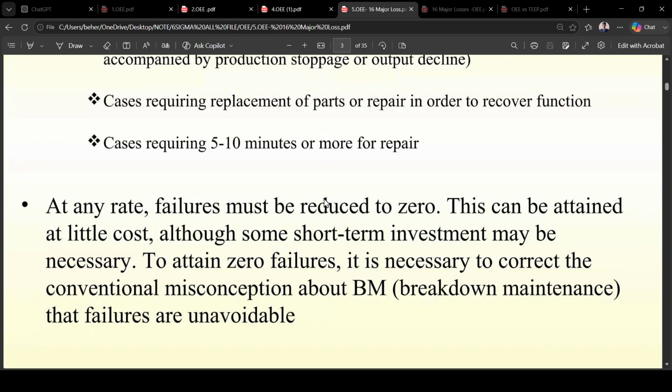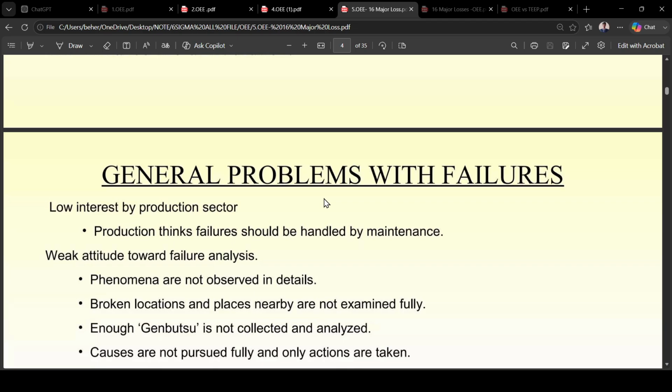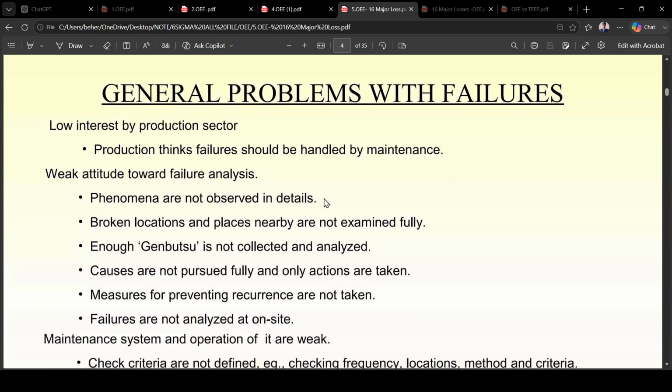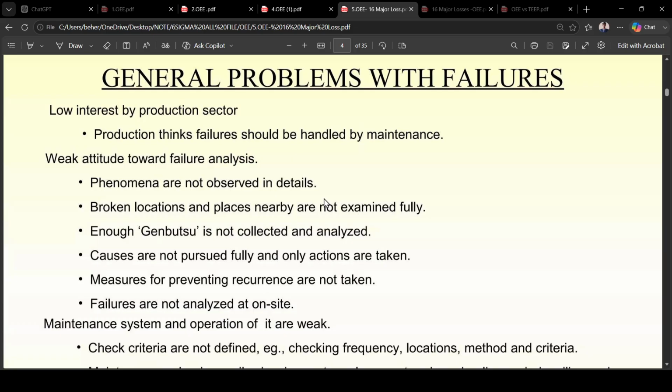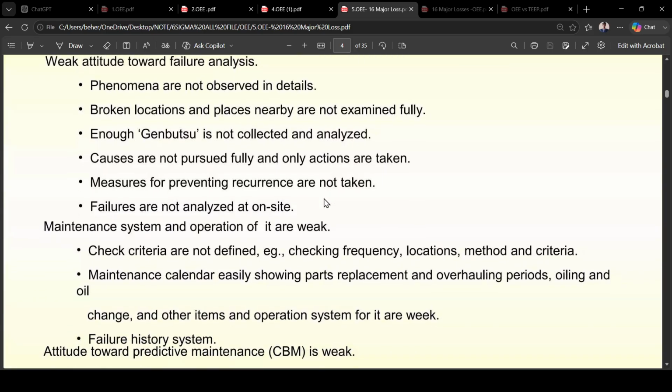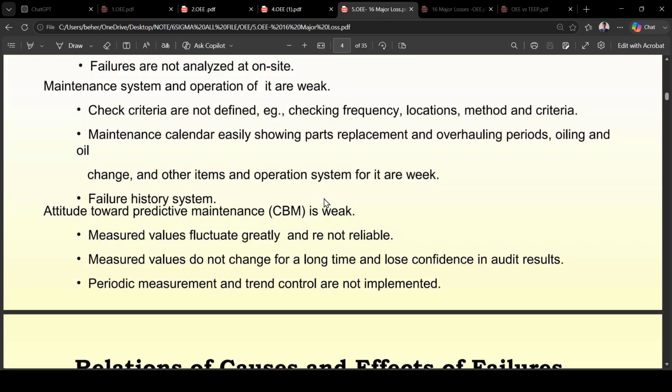See the image of the failure losses and the general problems with failures; he will explain how these general problems arise.